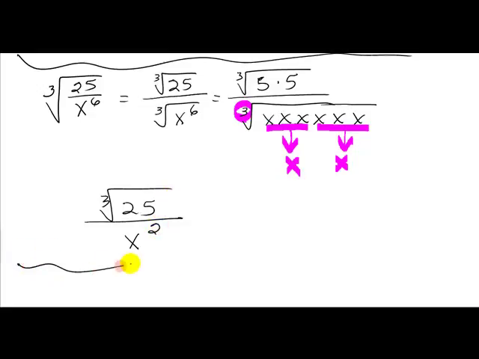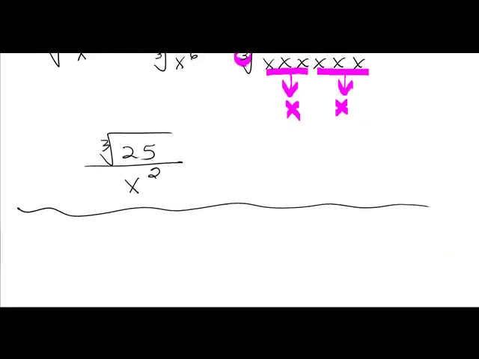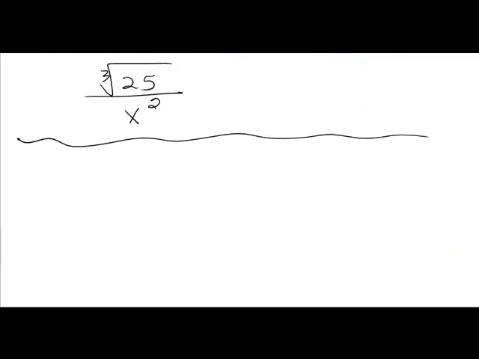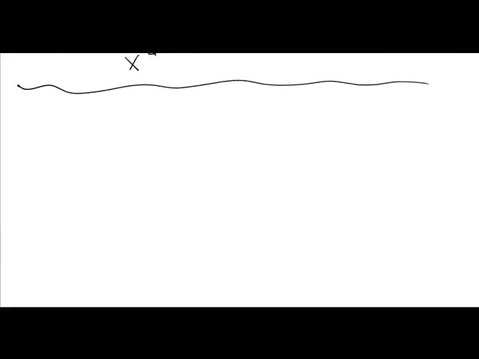Let me go ahead and show you what happens if it doesn't work out perfectly. Let's look at, let's say, the square root of x to the 7.